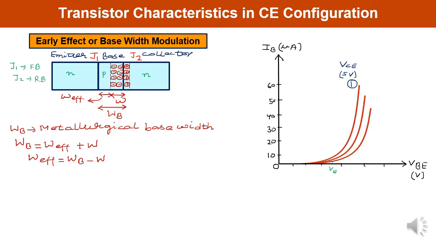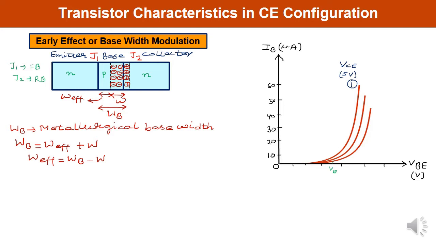Since junction J2 is reverse biased, the depletion region at junction J2 will be wider. At the same time, this depletion layer will extend more into the base region. You can see the depletion region is less in the n-type collector while it is more in the base. This is because the base region is very lightly doped.